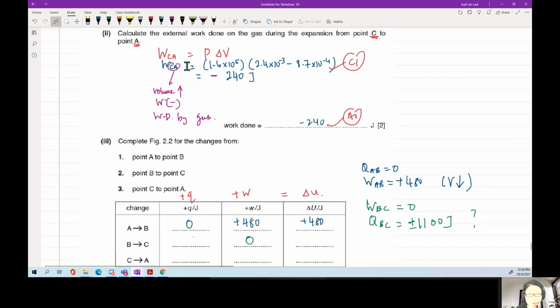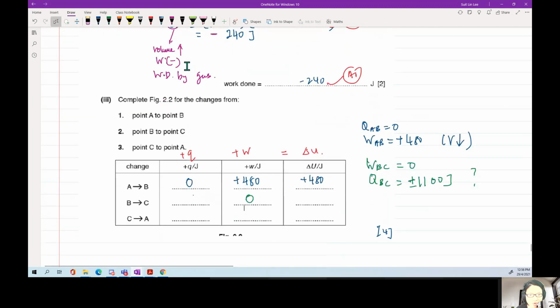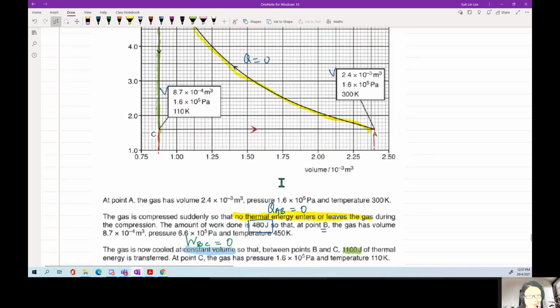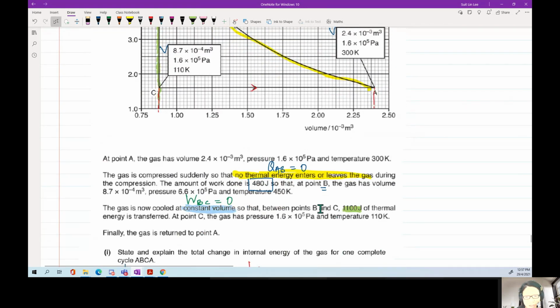I have the work done from C to A, and this is negative 240 joule. What else? Let's think about this 1100, because we need to put it in. If not, it's very hard to complete the table. So we're going to go back here and think about from B to C.